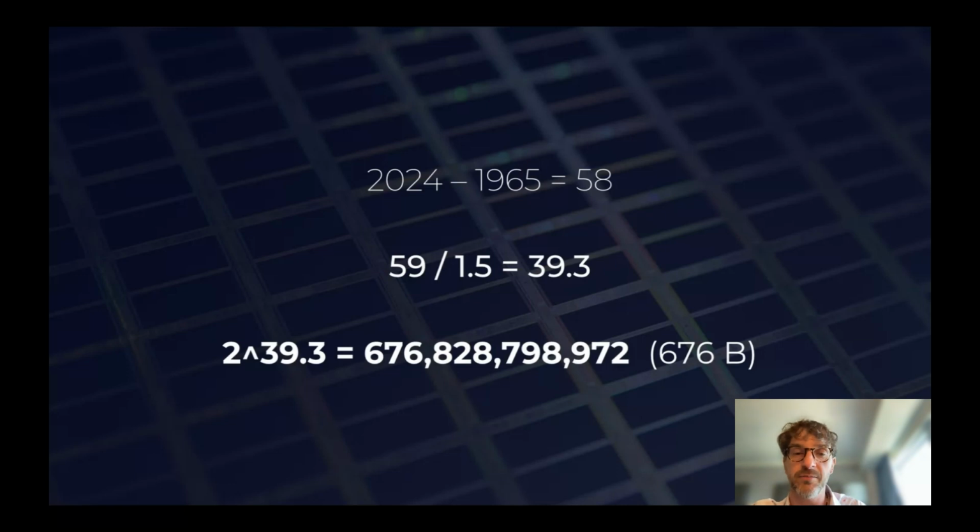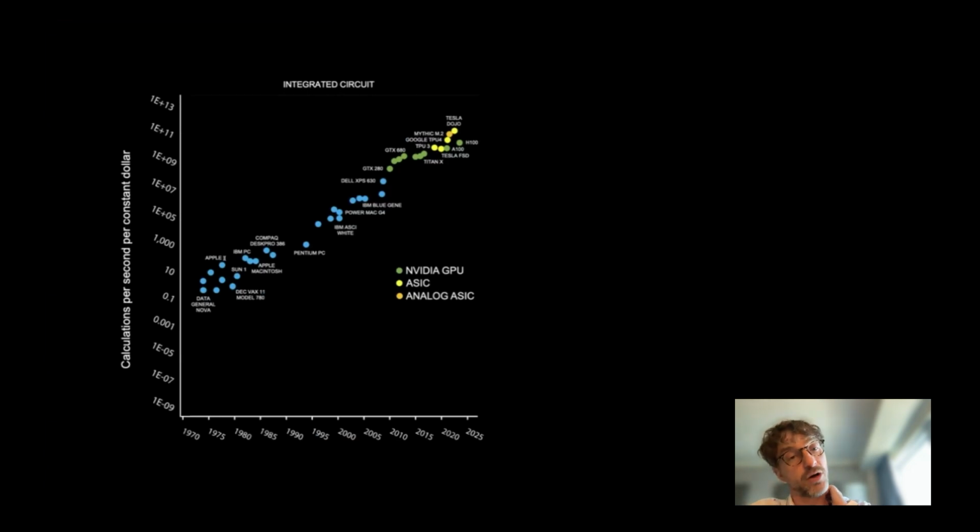Kind of a nice back-of-the-envelope equation. Now, if you plot Moore's Law on a logarithmic scale, doubling every 18 months gives you a straight line, and you'll see that the integrated circuit has given us this magical ability of doubling our compute power every 18 months since 1965.